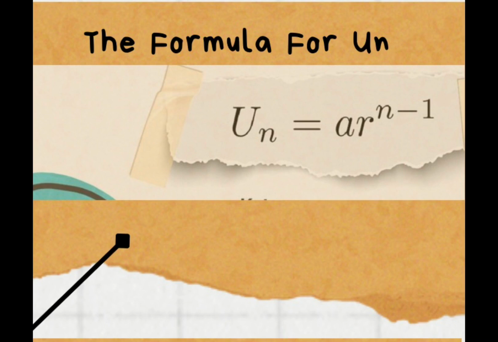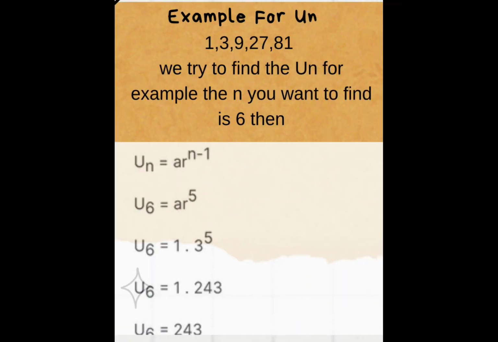For example, for Un, 1, 3, 9, 27, and 81, we try to find the Un. For example, the n you want to find is 6.